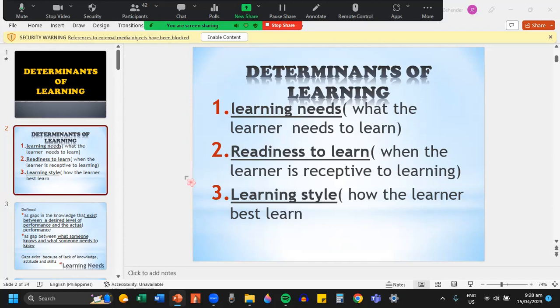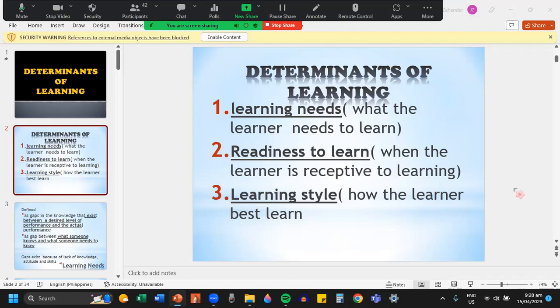So next, we have learning style. This refers to how the learner best learns. It also means yung preference ng learner, according to the learner's personality traits, which sense or which strategy appeals to him or her the most.